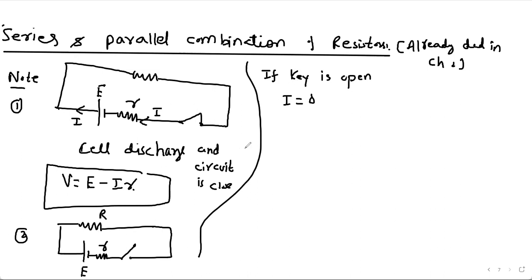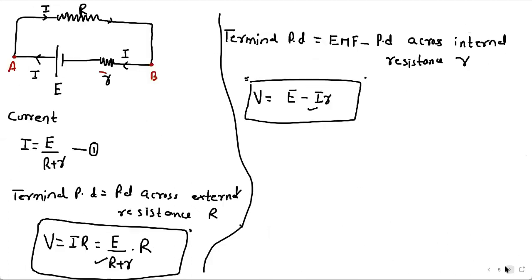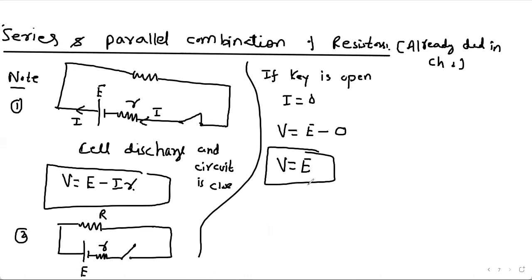If I substitute I equal to 0 here, then V is E minus 0, so V is E. This is what we have discussed: terminal potential difference across the terminals of the cell in open circuit is equal to EMF. This is the definition of EMF that I wrote. If your circuit is open, then current is 0, and terminal potential difference will be equal to EMF.